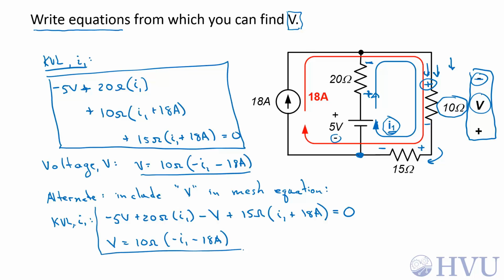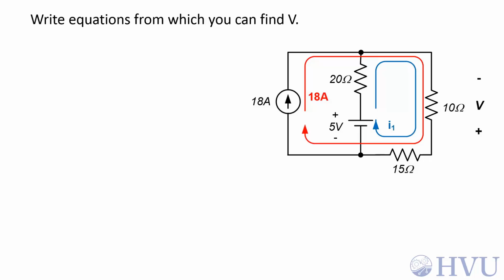That also constitutes two equations and two unknowns, and actually if you substitute this in here, you'll get this same equation you got up here. Now let's look at something that's kind of a common error, but I want to make sure that you avoid that. So some people do like to include this voltage V in their mesh equations. But if you do want to do that, make sure you don't make this mistake.